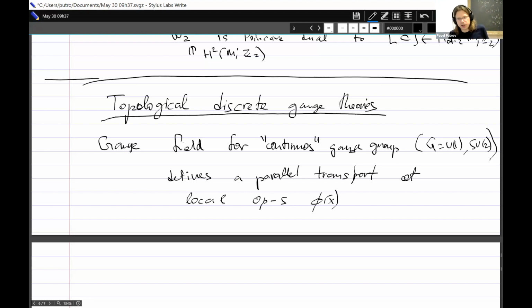Classically, a local operator is just the value of the field at a particular point in space-time, and suppose they are valued in some vector space V, or some more complex n-dimensional space.